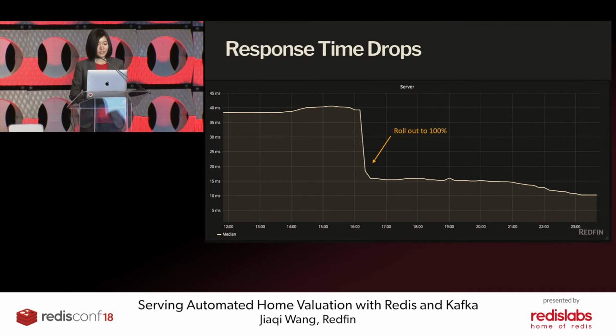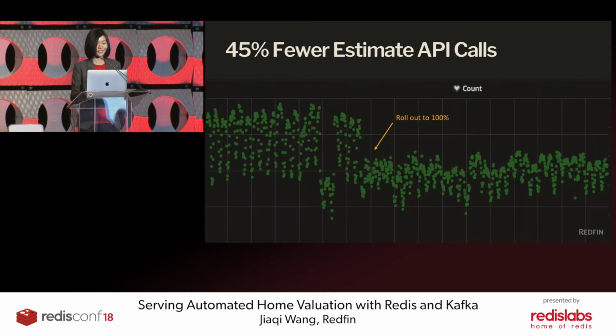And here's a graph illustrating the drop in the server response time, and lower means better, if it wasn't immediately clear. We also observed 45% fewer estimate API calls being made on AWS, which means we're saving about 45% on our AWS bill, which is great.